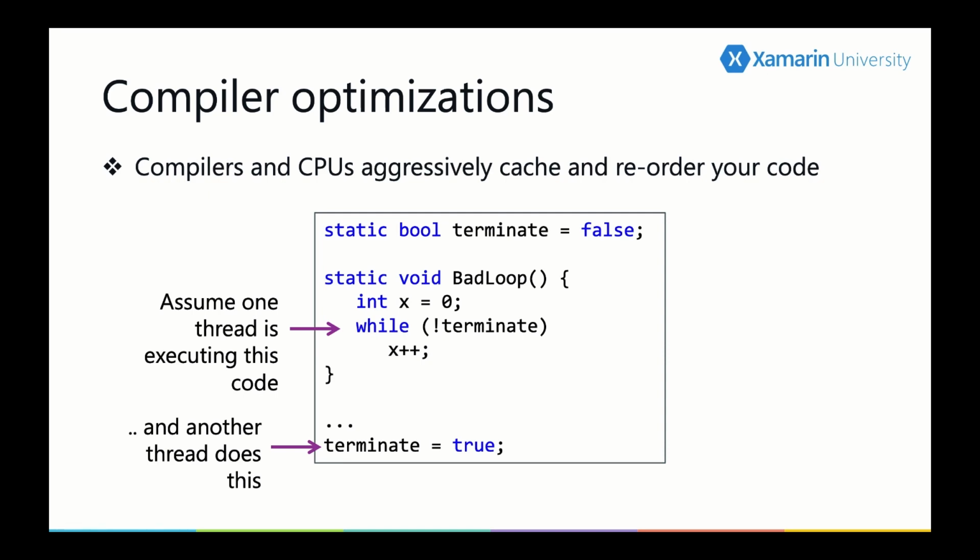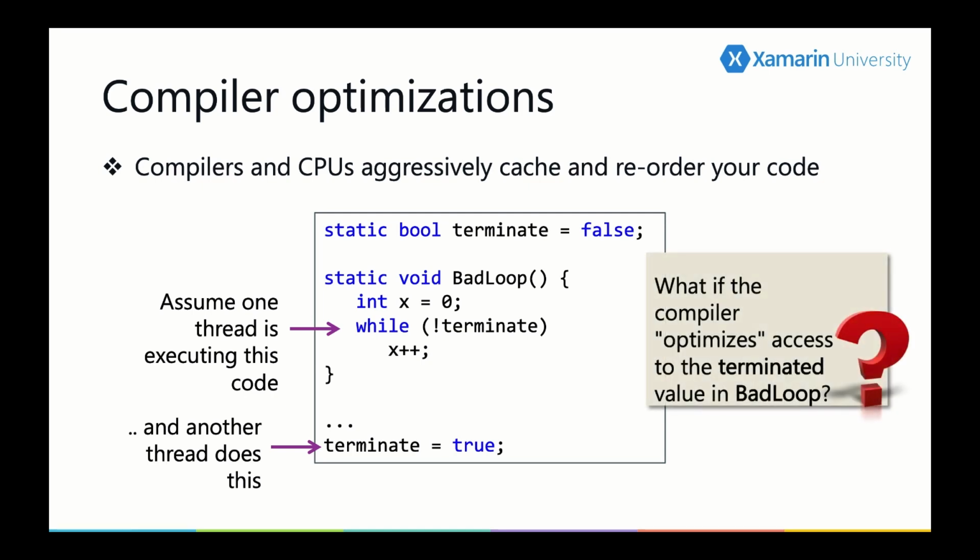So the question is, what should happen? I guess by just looking at it, you might say, well, obviously, as soon as the second thread sets terminate to true, the first one should stop, because we already learned that threads access the shared data of the process, so there's really no problem.